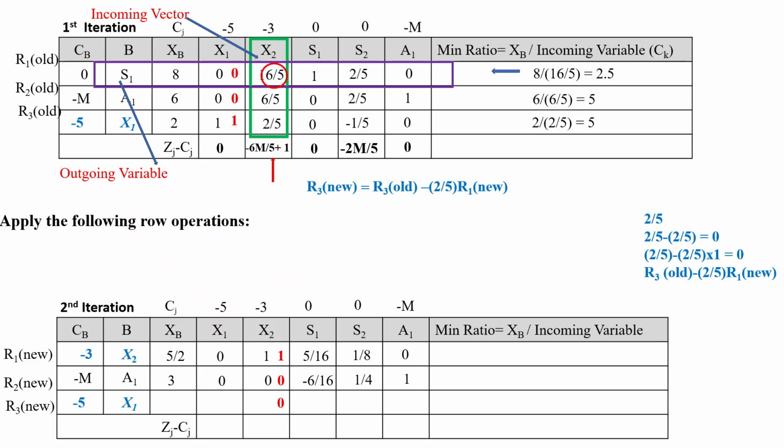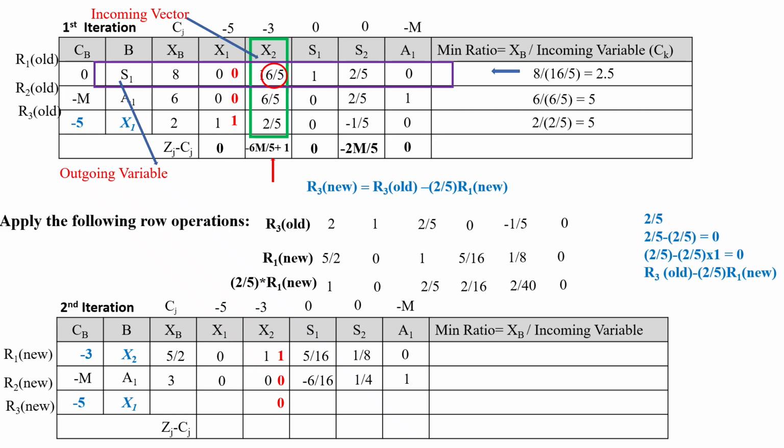The next row operation is R3 new equal to R3 old minus 2 by 5 into R1 new. So write down the R3 old elements. Next write down the R1 new elements, then multiply with 2 by 5. Then 2 by 5 into the R1 new elements are 1, 0, 2 by 5, 2 by 16, 2 by 40 and 0.